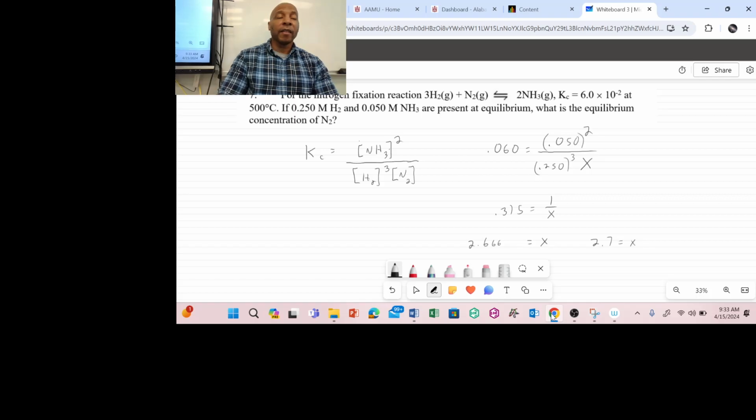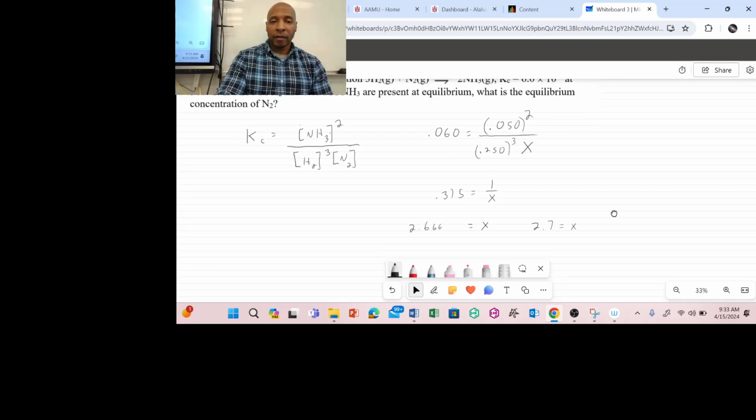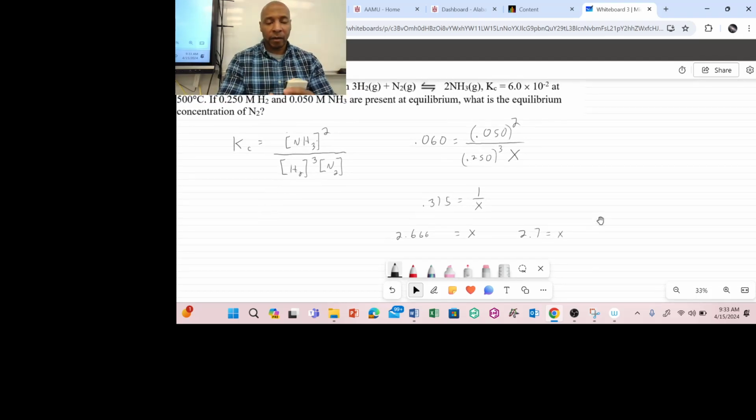Okay, yeah, I guess I should just do all of the algebra, write it all down. Okay, guys, I just thought you guys, well, okay, I'll just do it. So I'm going to say that 0.060 times 0.250 cubed divided by 0.050 squared is equal to 1 over x.